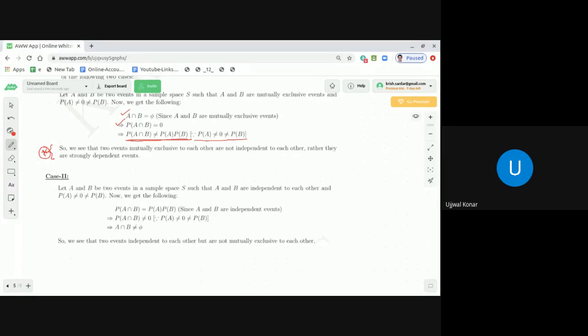Now we get the following. We assume that events A and B are independent. So we are free to write that probability of A intersection B is equal to probability of A into probability of B.